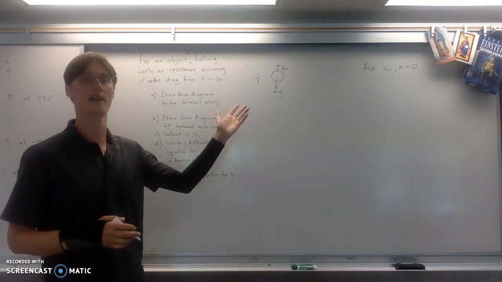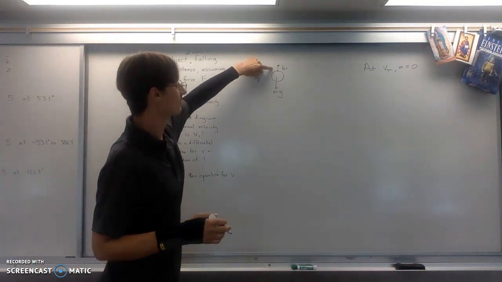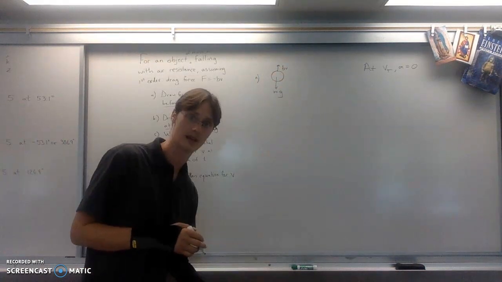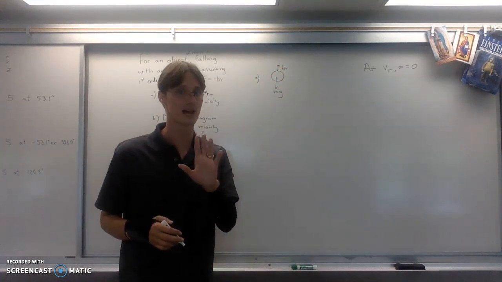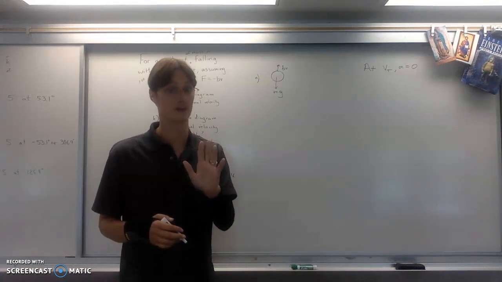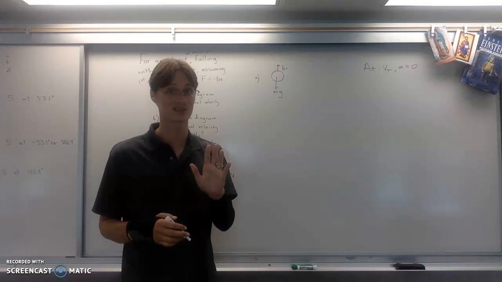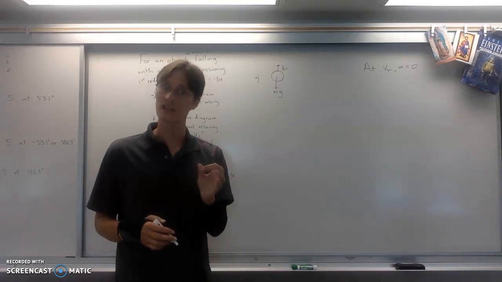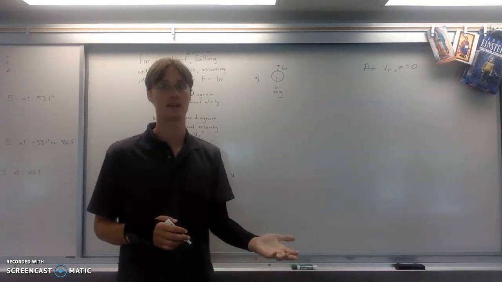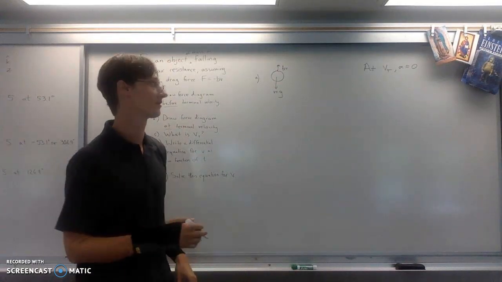So if these are force vectors, that one is a smaller force, which is why it's continuing to accelerate downwards. Please note, not move downwards. It will move downwards even at terminal velocity, but it won't be accelerating anymore. So it's still accelerating when it hasn't yet reached terminal velocity.